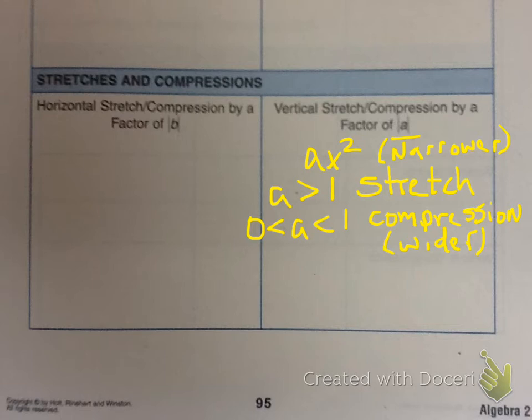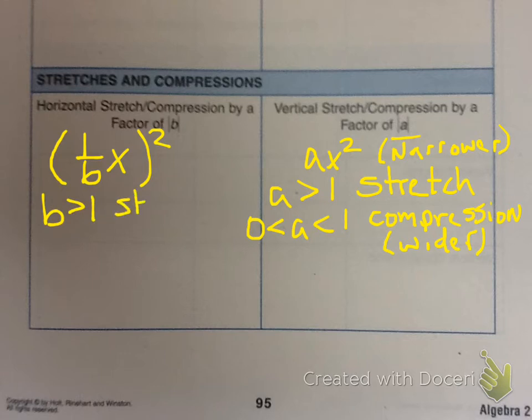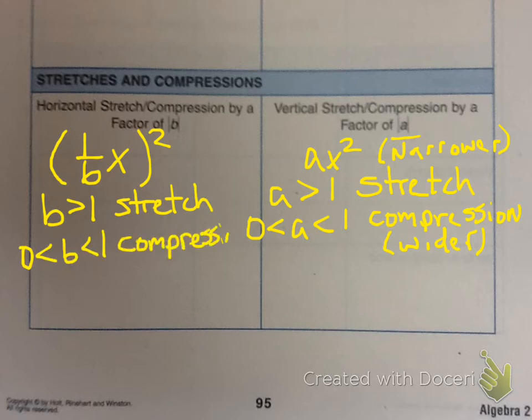It's a little bit different with the b and the horizontal stretch or compression. First thing you're going to see is it's in parentheses. It's still next to the x, multiplying it, but it's in parentheses. And again, if the b is greater than 1, it's a stretch. If it's between 0 and 1, it's a compression.